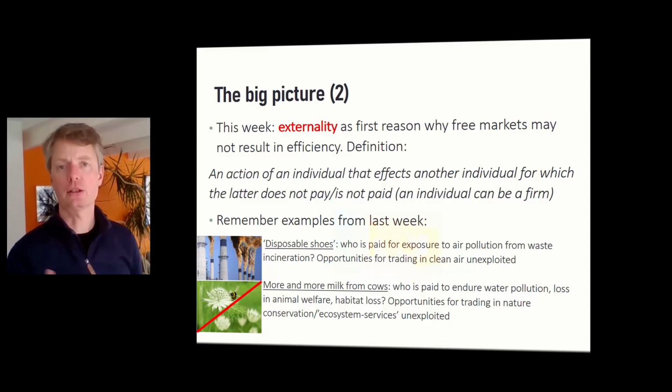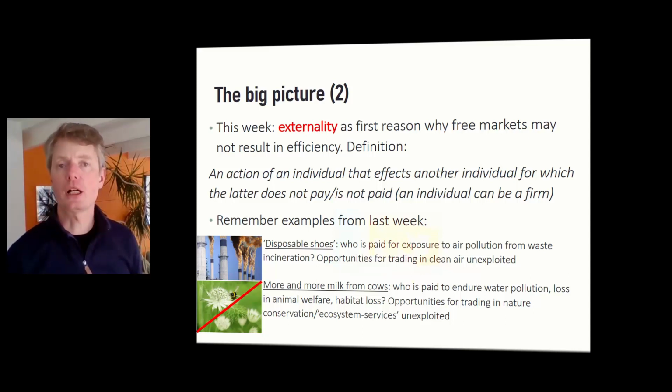So basically lots of our shoes are now made in China by robots. But that had a consequence of this disposable shoe, and that led to more waste incineration, more air pollution. Now this air pollution was just imposed on all of us, and we were not paid for it. So that means that there is a missing market.